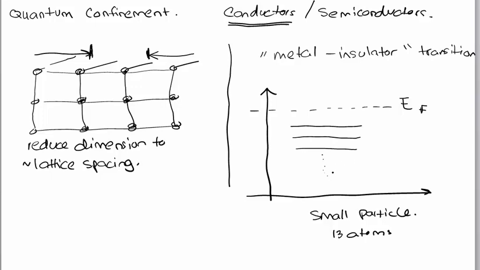So there are going to be 13 of these splits. But if we focus right here, what this means is that the spacing between EF and the topmost sublevel here becomes greater and greater. So let's call this delta E. This is the spacing.